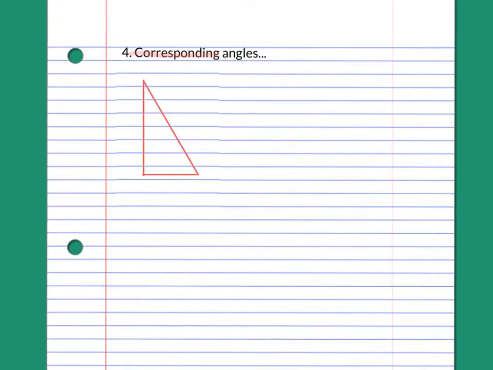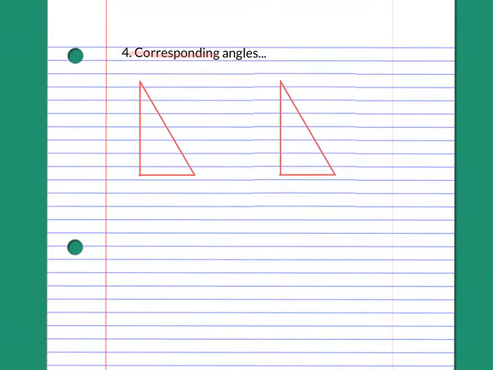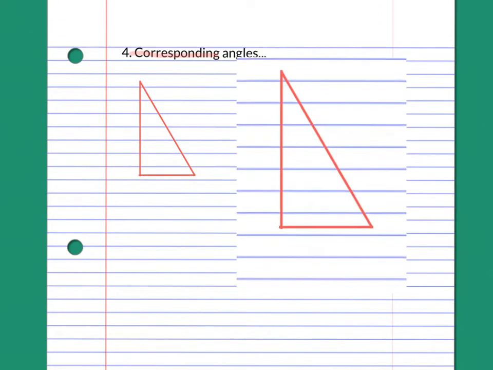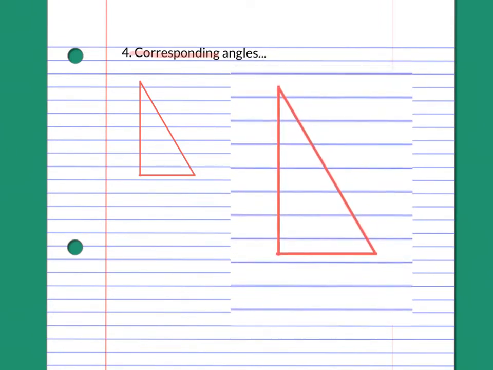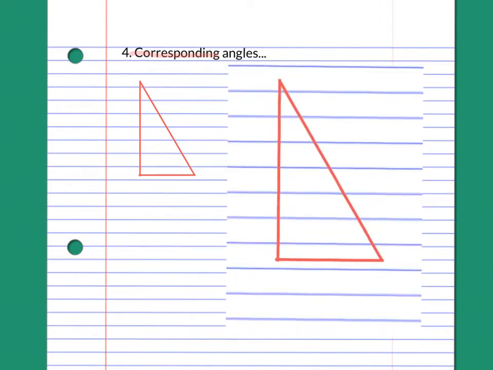So if we were to build a triangle and then duplicate the triangle, enlarge it, let's say double the size, just like the sides correspond, so this left side would correspond with this left side, we could also say that the angles correspond. So if you look at the top acute angle, that would correspond to this angle as well. So if this is angle A and this is angle B, those are corresponding angles.